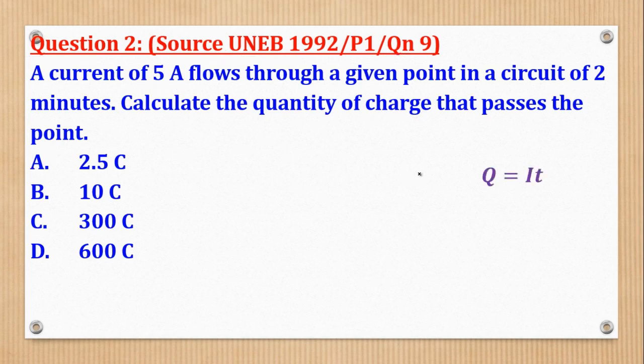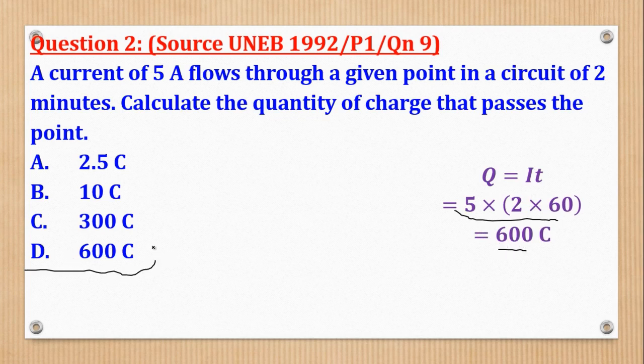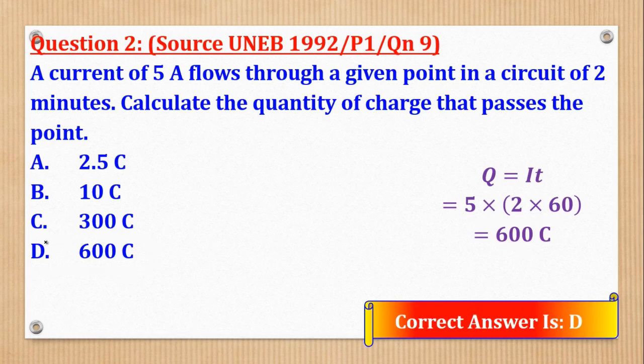We still use the expression Q is equal to I t, and substitute I as 5 ampere. Now t is in minutes, so we convert to seconds by multiplying by 60. When we multiply everything using a calculator, we come up with 600 coulomb, meaning that option D is also the correct answer.